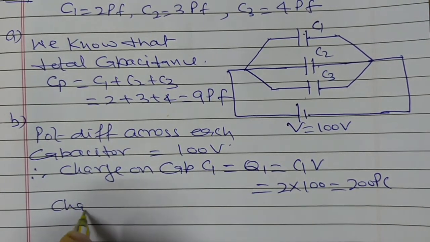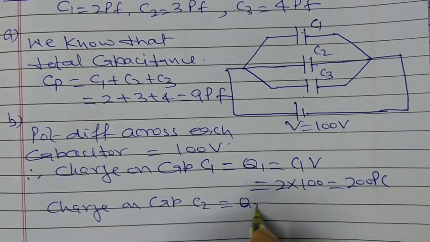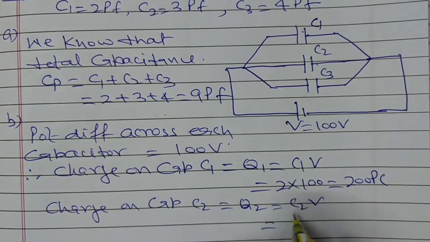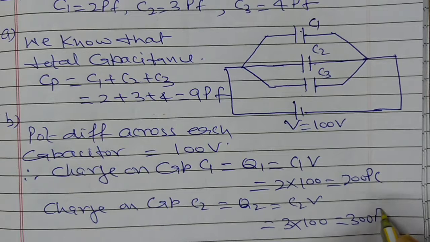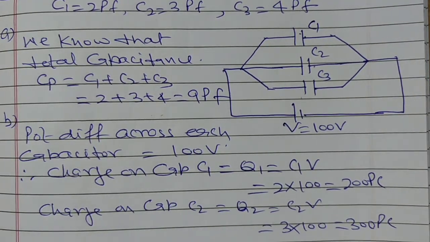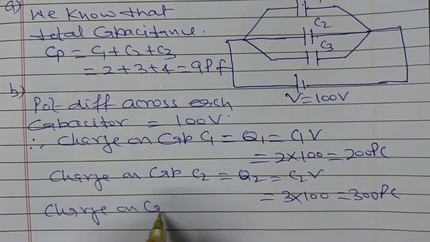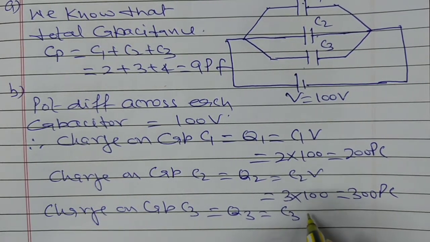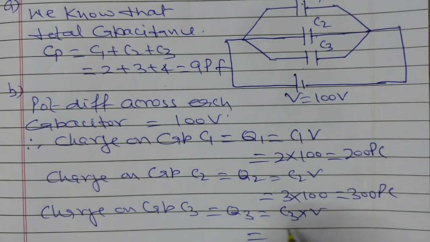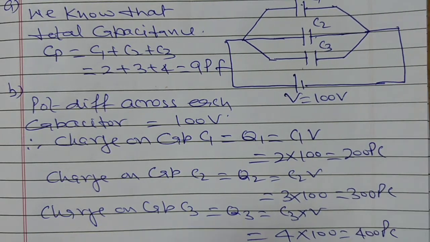Similarly, charge on capacitor C2, that is Q2, is equal to C2 into V, and C2 is equal to 3 into 100, is equal to 300 picocoulomb. Now charge on capacitor C3, Q3, is equal to C3 into V, and this C3 is 4 picofarad. 4 into 100 is equal to 400 picocoulomb.